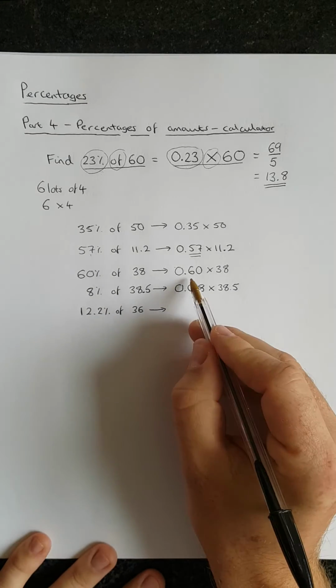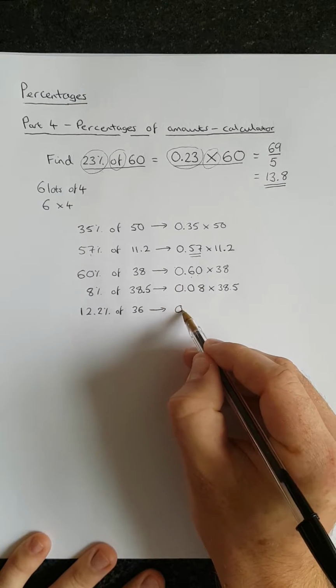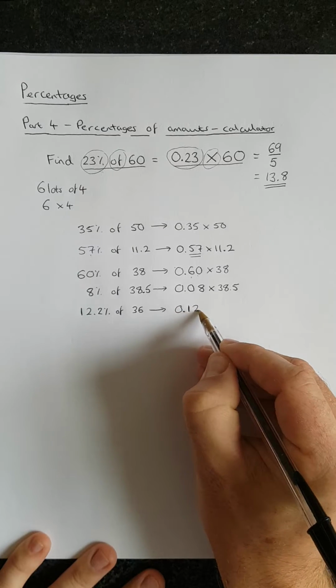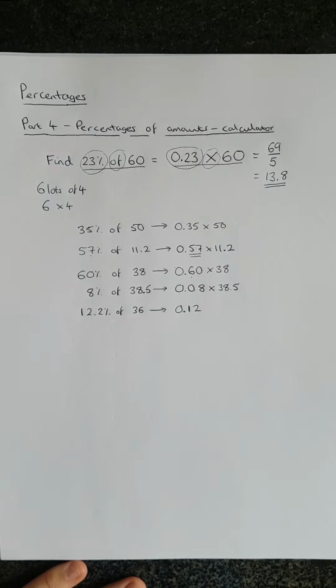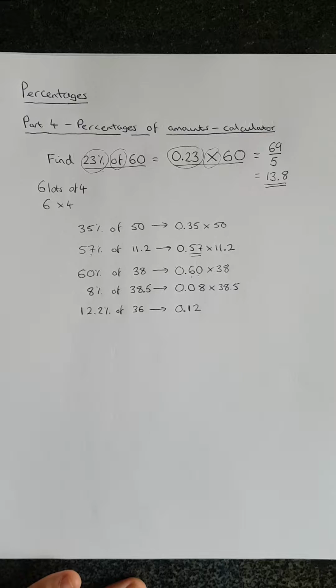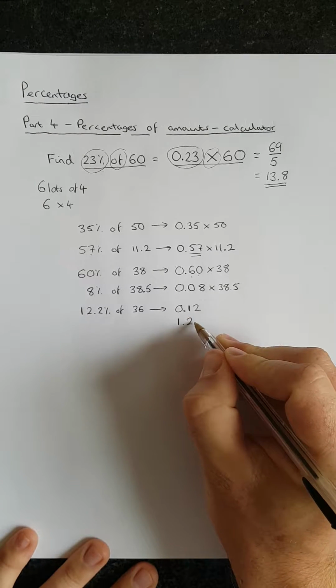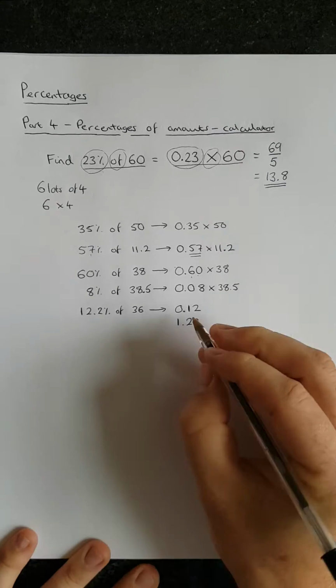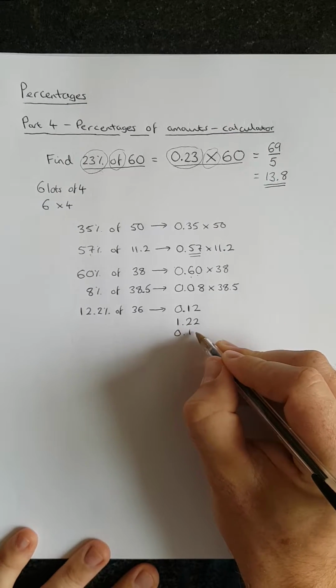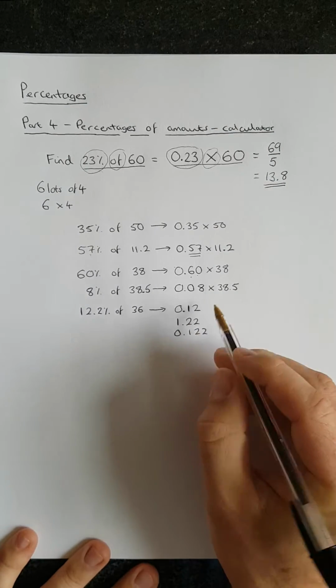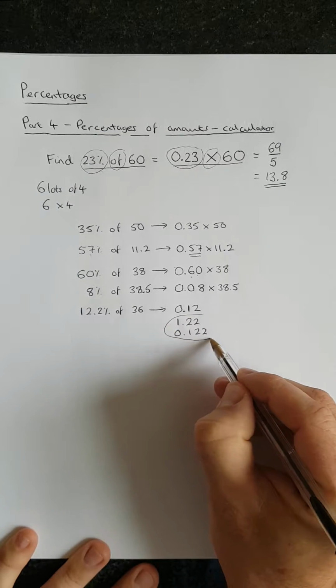Well, 12% would go here and here, like 0.12. That's what you're thinking. And then you're thinking, what about the 2? Does that change it to 1.22? Or does it go after the end? Which of those two is it?